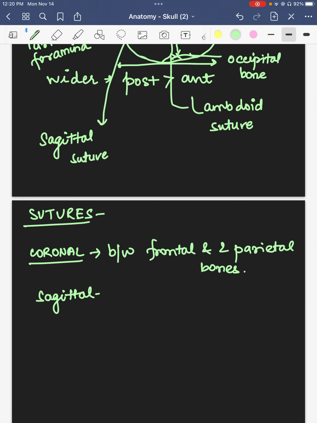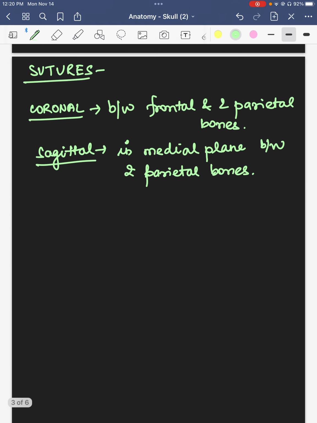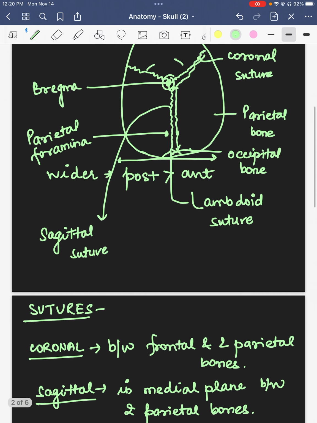Then the sagittal suture. It is present in the median plane between the two parietal bones. Then we have the lambdoid suture. Let me show you where it is. Here it is.